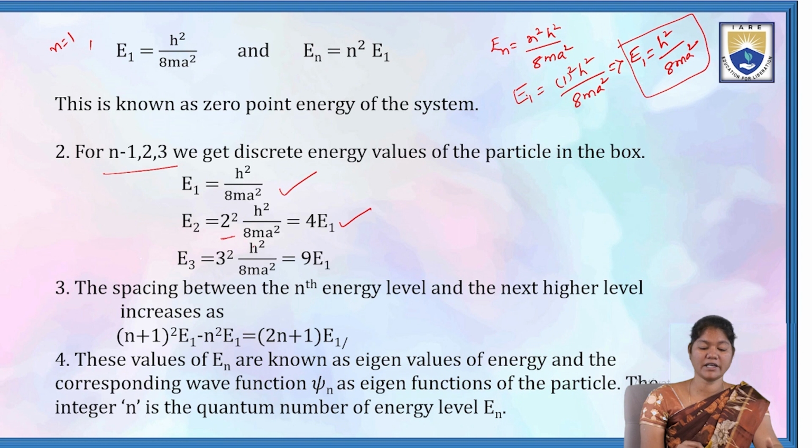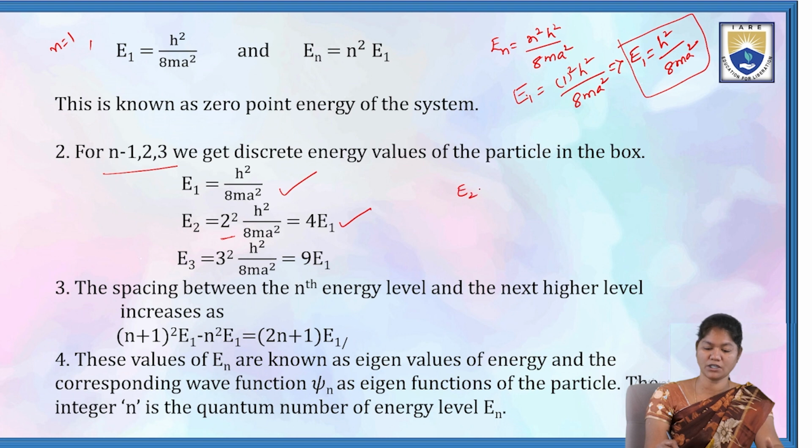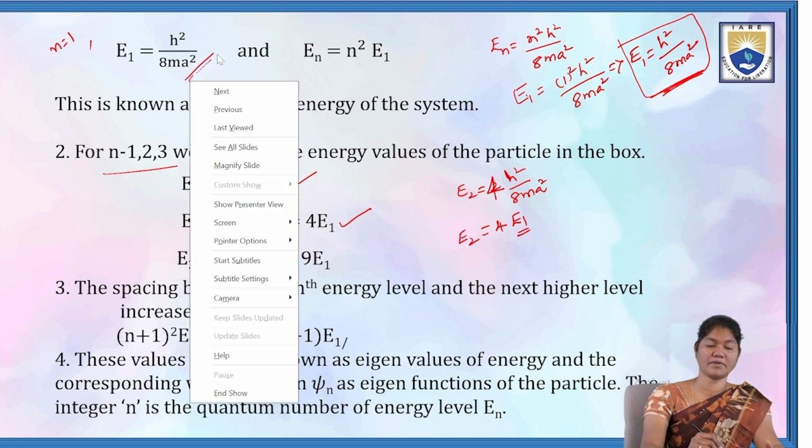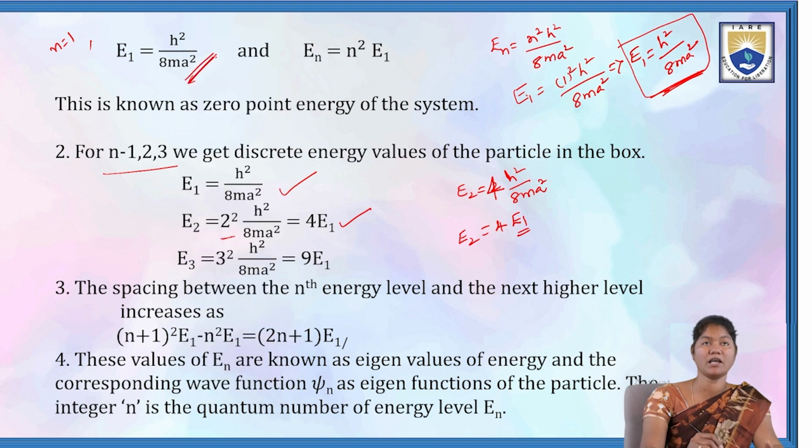So we'll get 4h square by 8ma square. So this can be written as 4E1, as E1 is h square by 8ma square, so we can write E1 instead of h square by 8ma square.